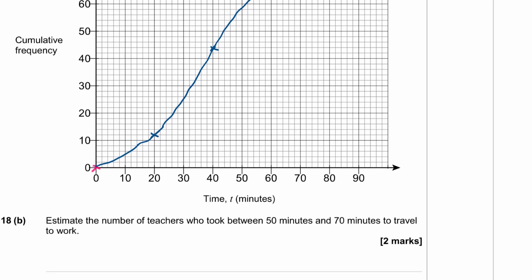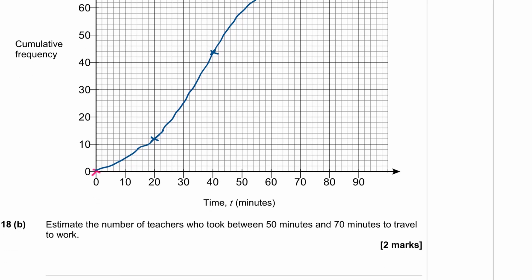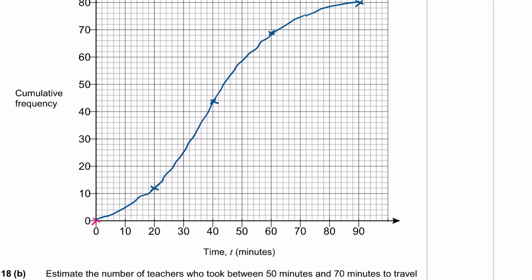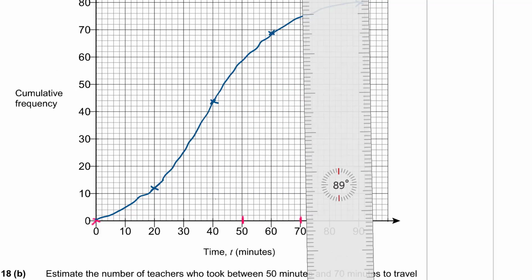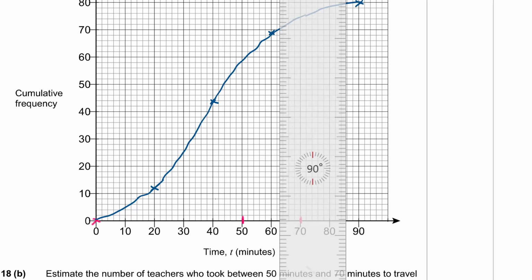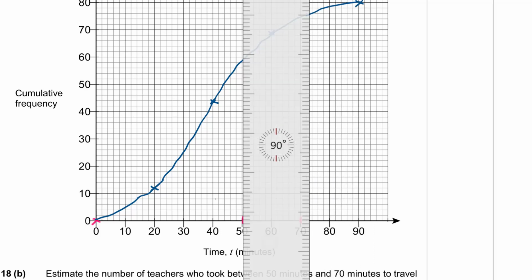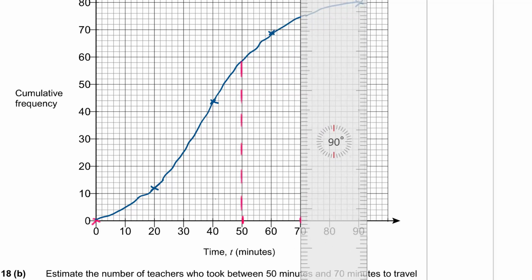Right, and then the next question says, estimate the number of teachers who took between 50 and 70 minutes to travel to work. Okay, so 50 is here, and 70 is here. So in order to do that, we're going to have to read up to the graph at 50 and 70 and find out how many teachers that represents.